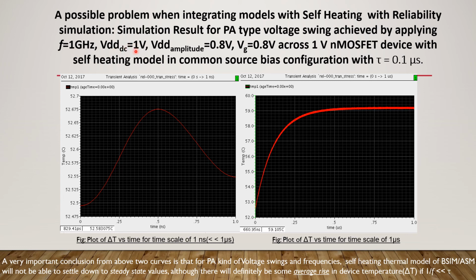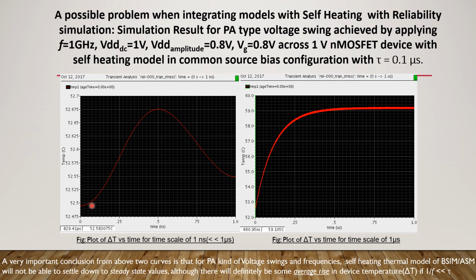So it's not even the stress condition. It's a 1 volt N MOSFET device I'm talking about, and the VDD amplitude is 0.8 volt, let's say, which is close to a power amplifier kind of waveform. So what is now happening? For the time period of 1 nanosecond, if I simulate, then I'm getting 52.5 to 52.6.